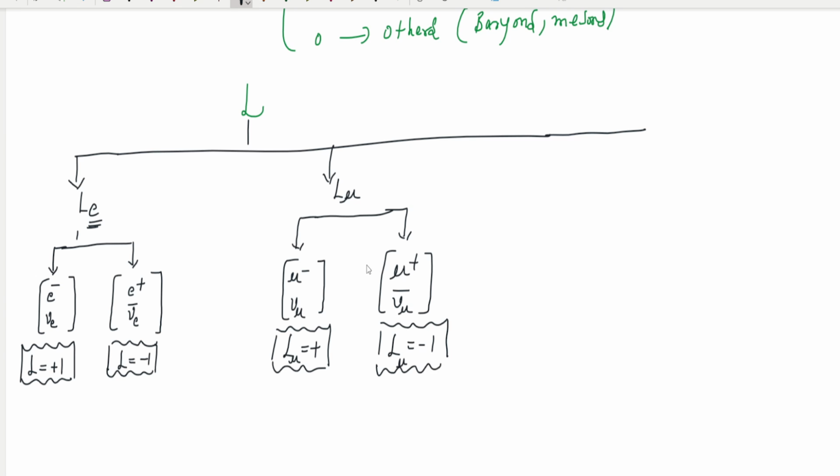In the conservation reactions, if you observe these, the bar on mu or nu indicates anti-lepton. This is the normal lepton.